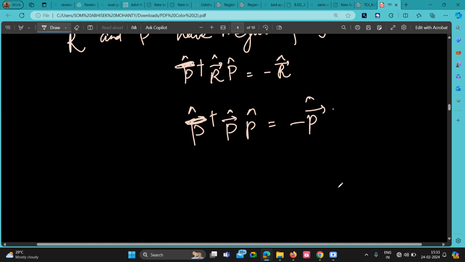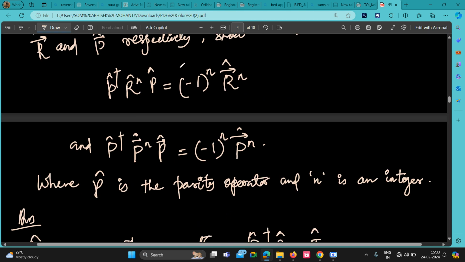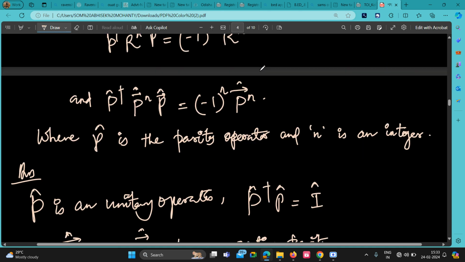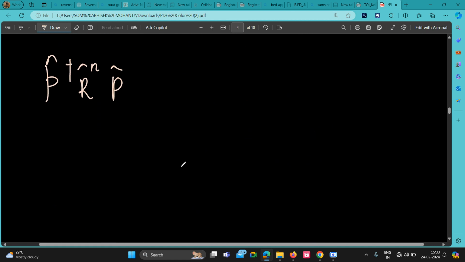So I can also write, very carefully, R to the power n. Okay, we have to prove this, because see what we have to prove here: if R to the power n is there, minus 1 to the power n R to the power n.